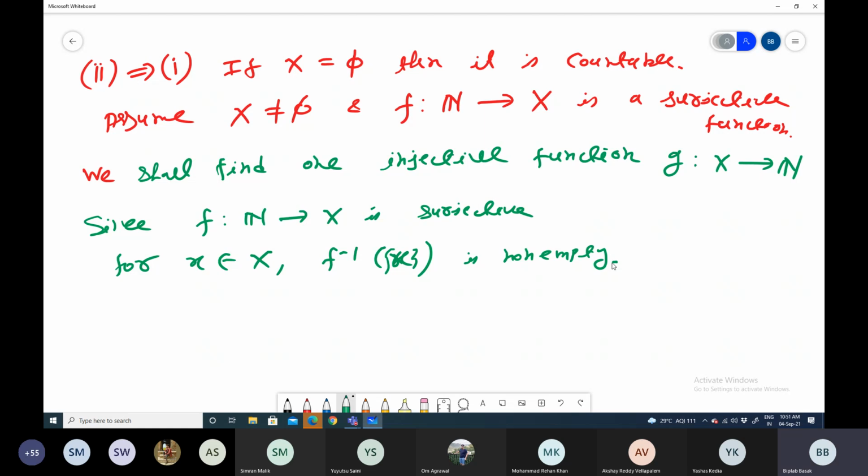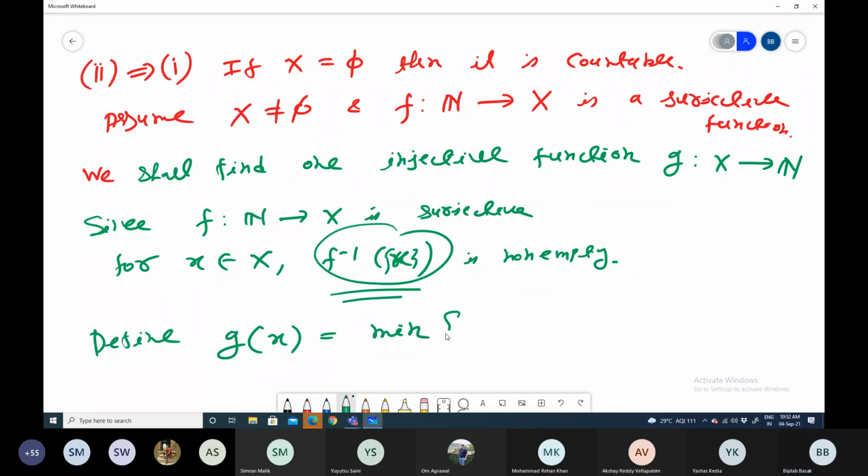Now we use the minimal element of this set to define g. Now define g of x equal to the minimum of this set. So the minimum of n belonging to the natural numbers such that f of n equals x.